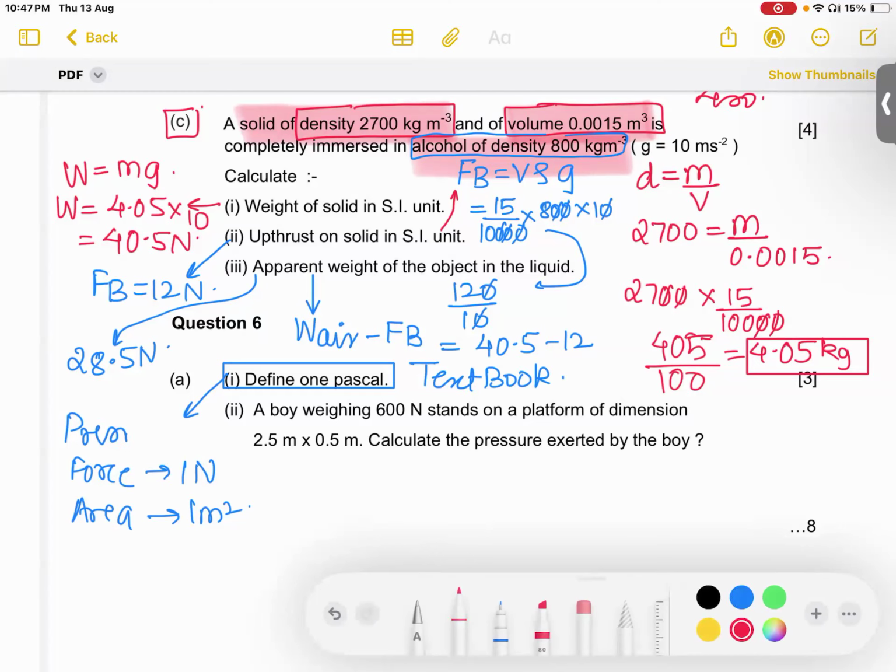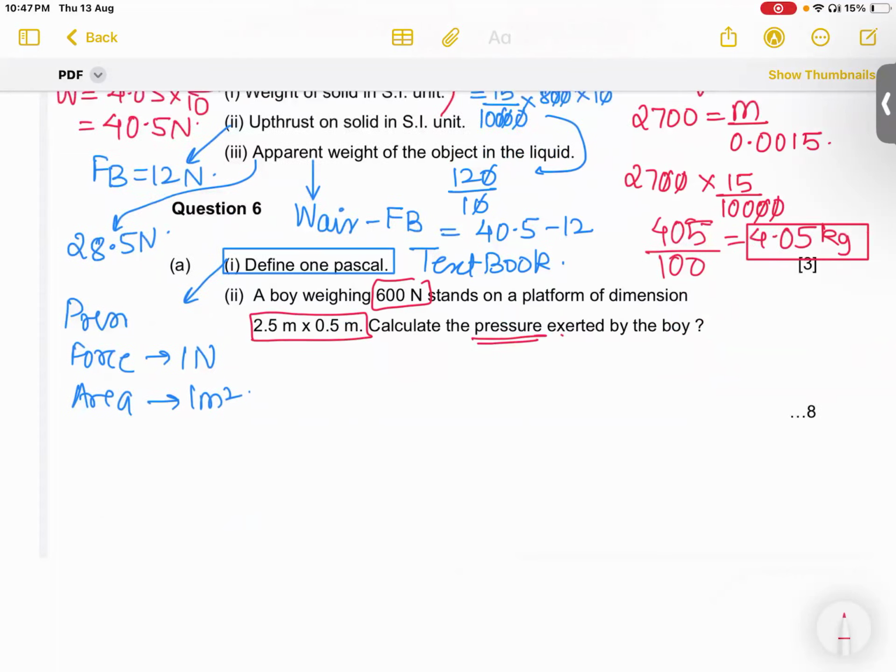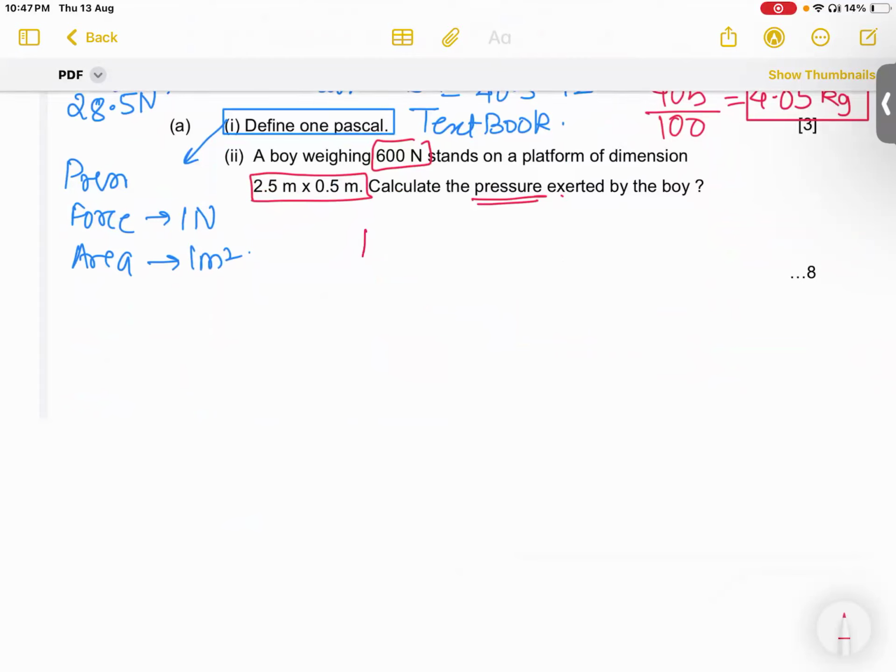Next question. A boy weighing 600 Newton stands on a platform of so and so dimension. Calculate the pressure. I don't think so. Why is AVM giving such an easy paper? So we have pressure is equal to thrust upon area. Thrust is 600. The area is 2.5 multiplied by 0.5.